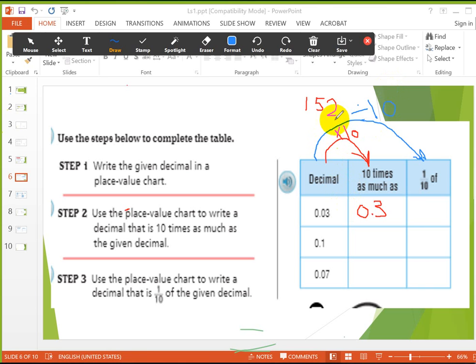Look, in division, the decimal will move to the left side. So the number will be what?